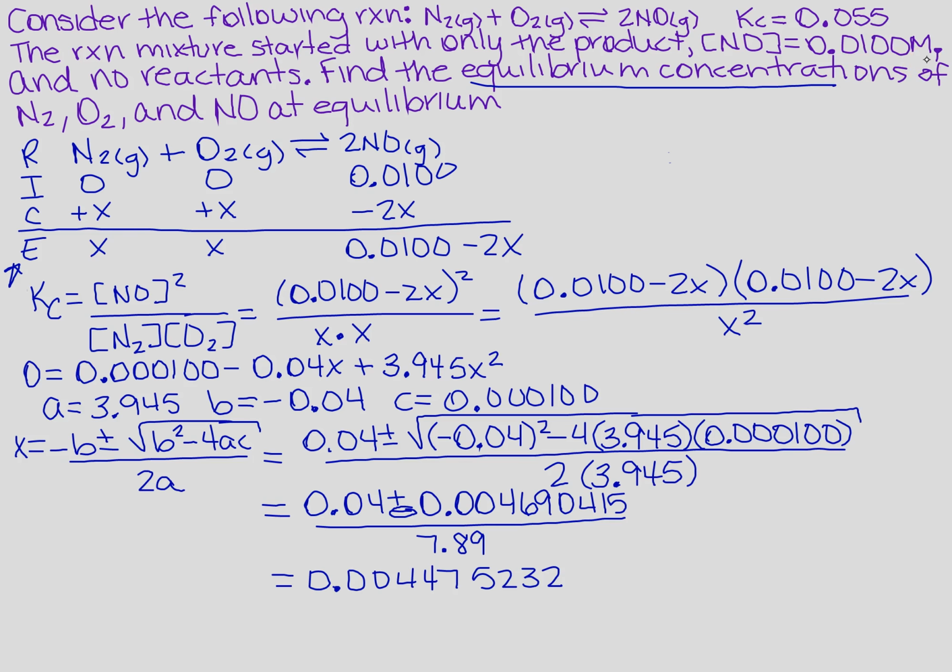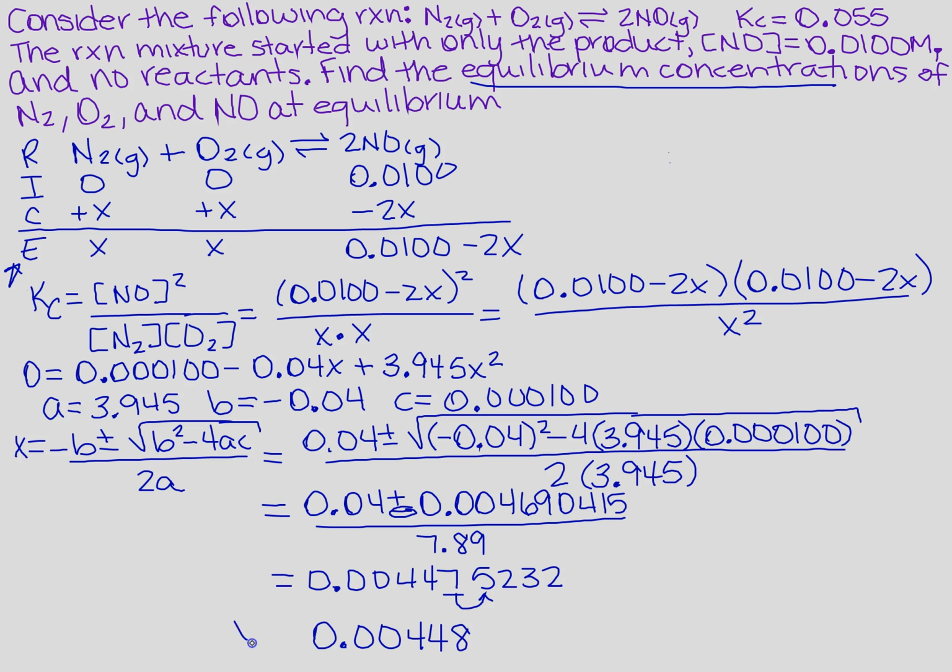So the only one that was actually given to us that was not part of the reaction was the 3. If you use 2 and you're in my class, I would give you partial credit for that because it does look like 2 significant figures would work. So let's go with the 3 just because that's the only thing that was given to us. And this will give me 0.00448.